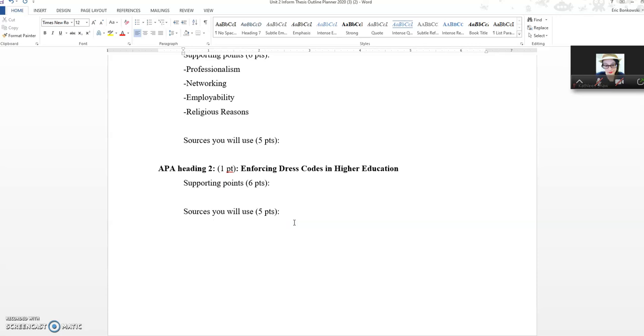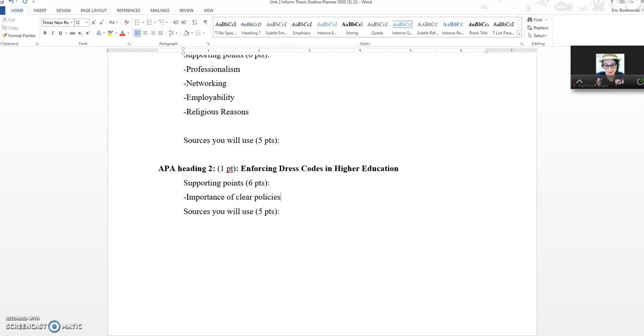So this section, enforcing dress codes in higher education. So I would maybe in this one talk about a couple different things. Enforcing dress codes in higher education.